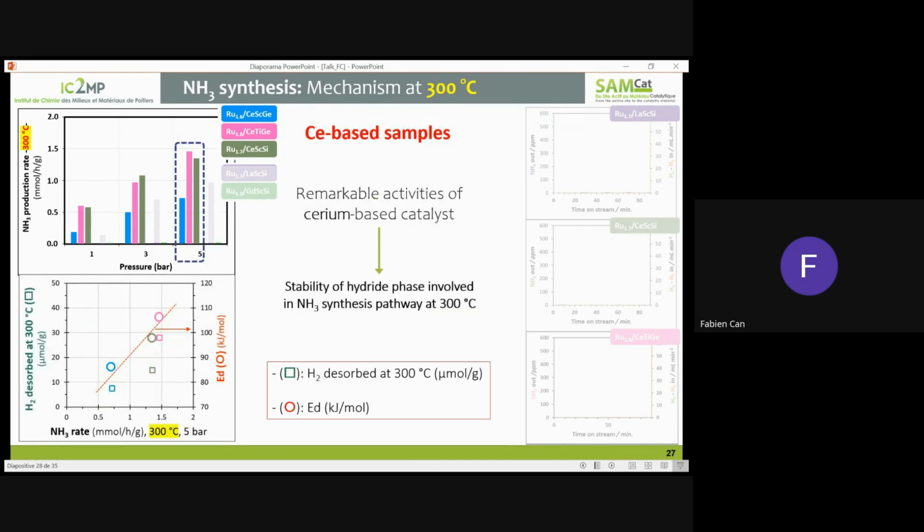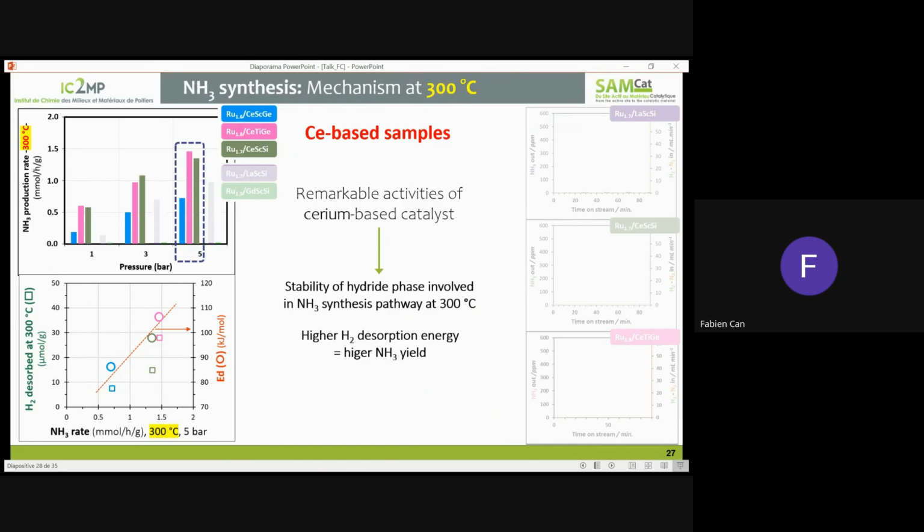So what happens if you try to correlate the ammonia yield with these various parameters in terms of H2 desorption: this is the square, the amount of hydrogen desorbed, and the apparent desorption energy of H2, this is the circle. We can say what we want with this kind of graph, but in fact, the higher the amount of hydrogen desorption, the higher the ammonia yield, and also the higher the H2 desorption energy, the higher the ammonia yield.